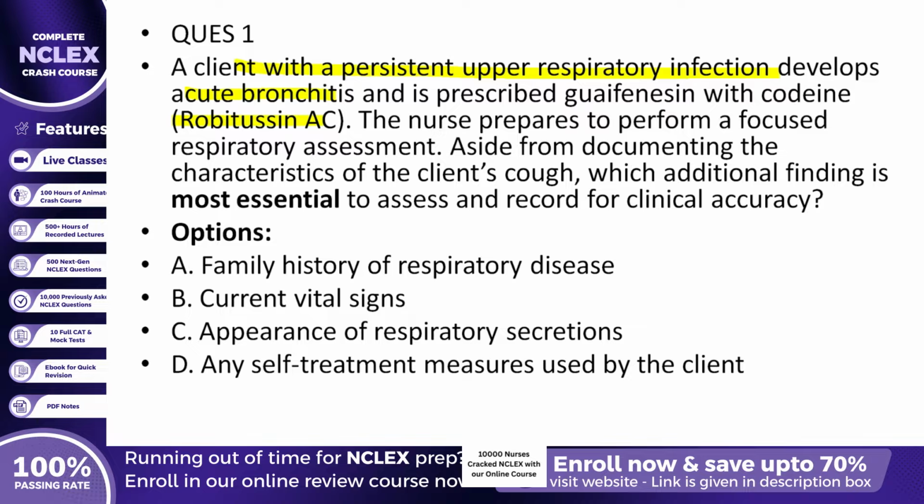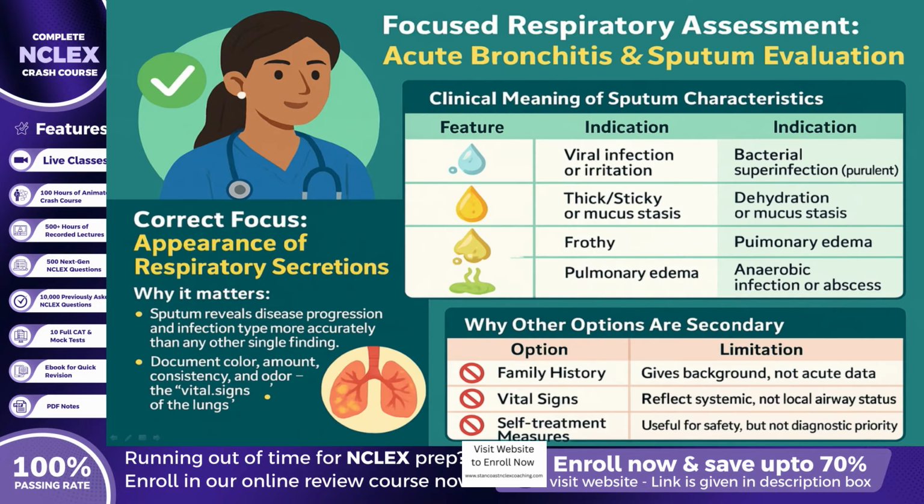The correct answer is option C, appearance of respiratory secretions. When caring for a client with acute bronchitis, evaluating the nature and quality of the cough is certainly key. However, the appearance of the respiratory secretions provides even more direct insight into the disease's progression and underlying pathology. The nurse should carefully document the color, amount, consistency, and odor of the sputum.